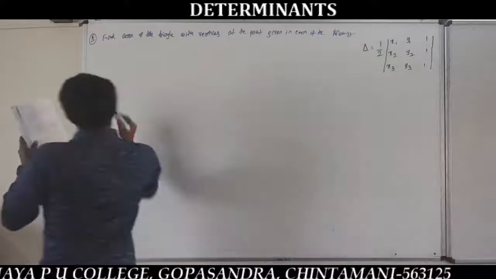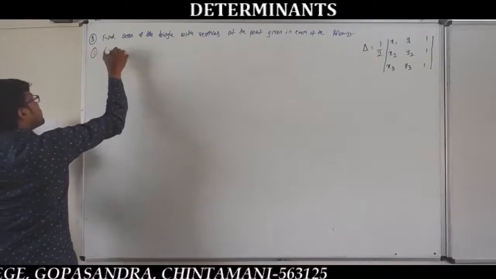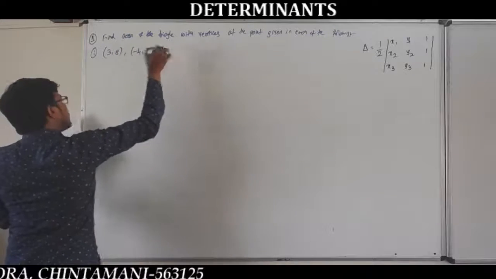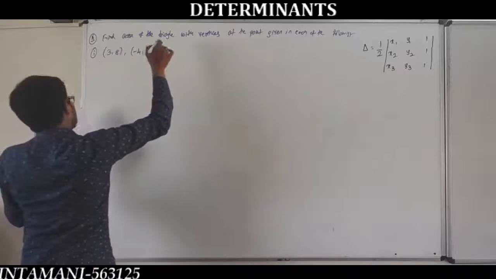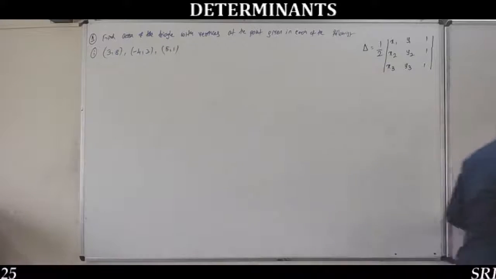In the first question the points are 3, 8, minus 4, 2, 5, 1. So how many points are given?